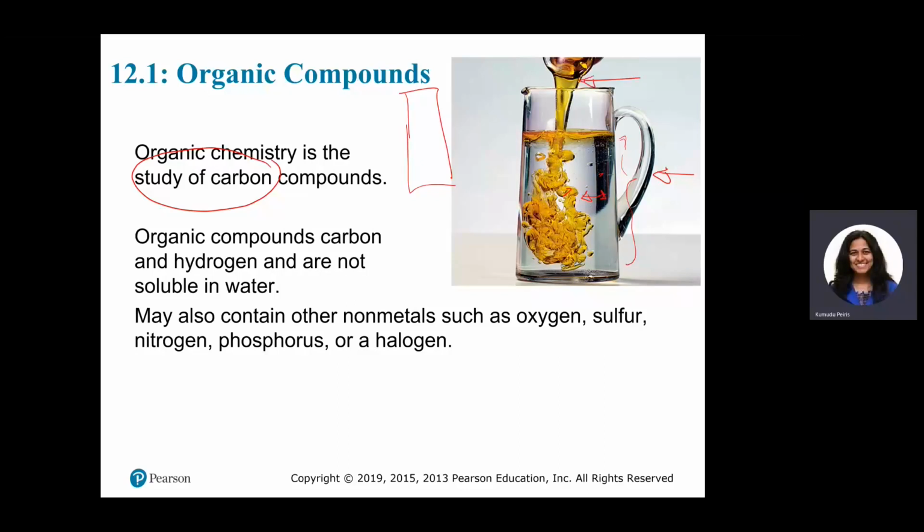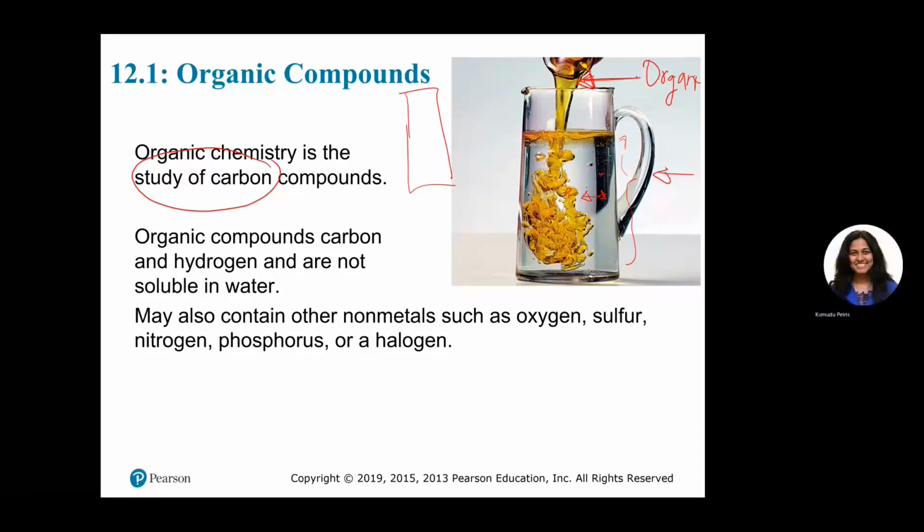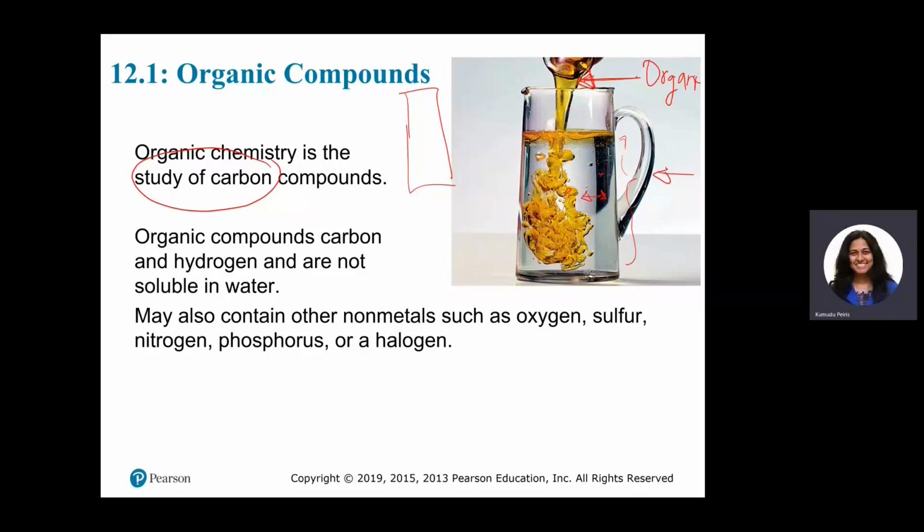So we actually have a system here with two different types of chemical and physical properties. This oil is an example of an organic compound. Organic compounds are mostly, in 99% of cases, not soluble in water.